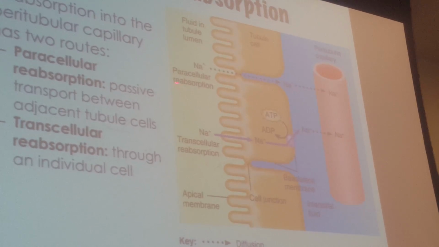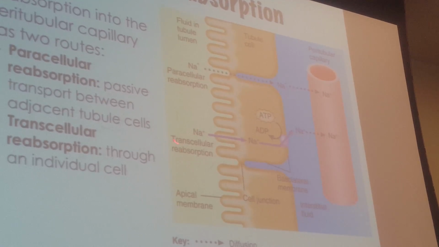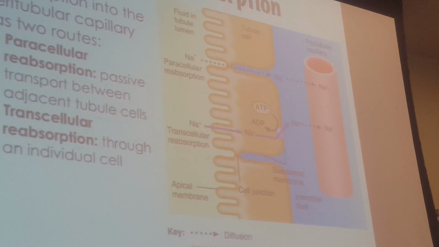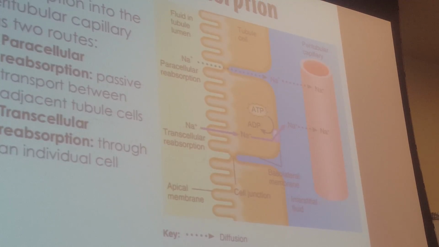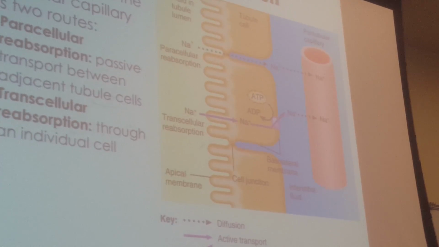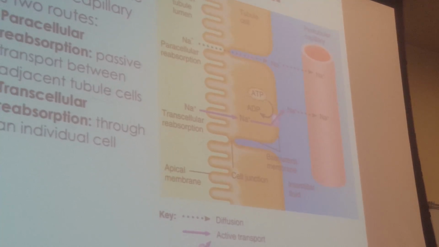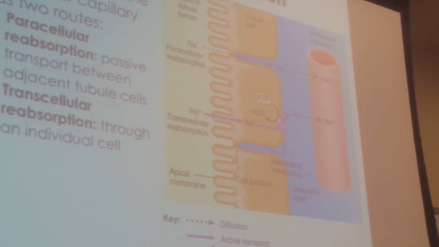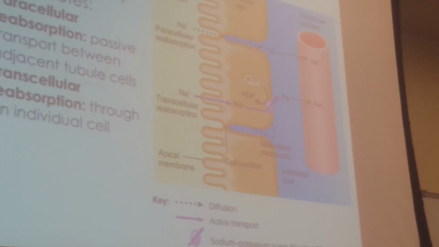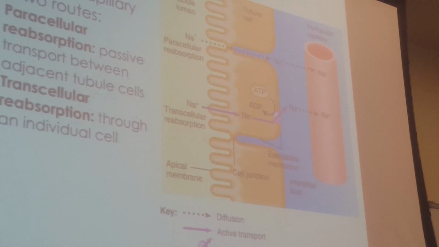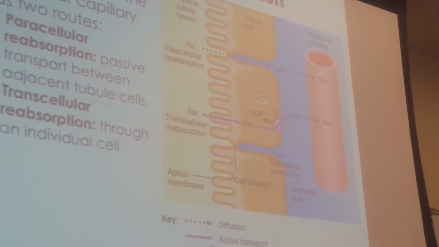Or you have transcellular reabsorption, in which the ion has to actually travel through the lipid bilayer into the cytosol, through the lipid bilayer on the other side, into the interstitial fluid, and then into the capillary. A lot of these molecules need some type of active transport, secondary active transport, or facilitated diffusion, so they'll move through transcellular reabsorption, things like glucose specifically.